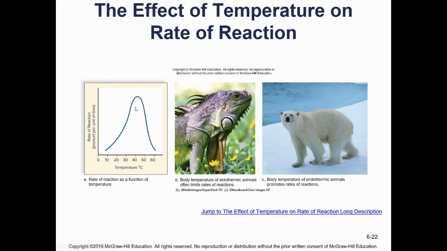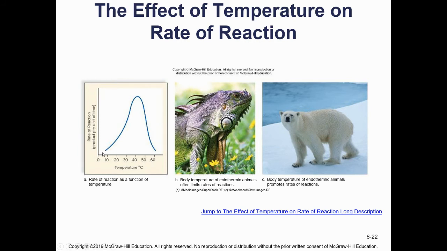And the reason for that is at high temperatures, I start to break those hydrogen bonds that hold the protein in its very specific shape. So that secondary, tertiary, and quaternary level that's held together with hydrogen bonds breaks at high temperatures, my enzyme loses its shape. When it loses its shape, it no longer has the right configuration on that active site to do its job, I denature my protein.